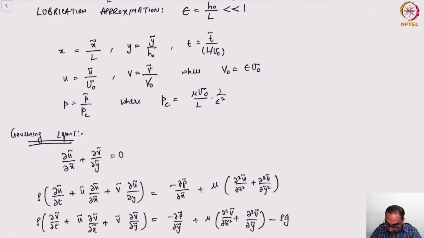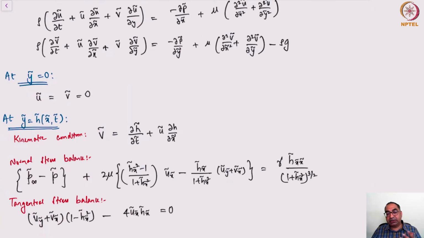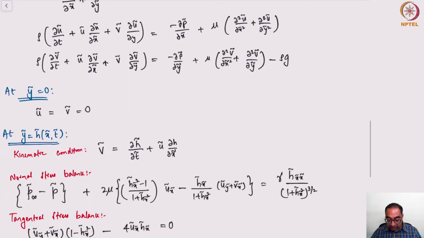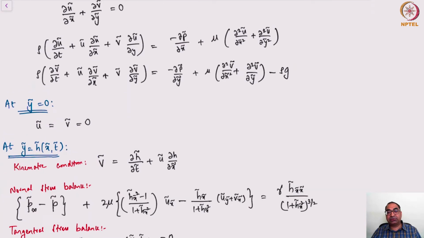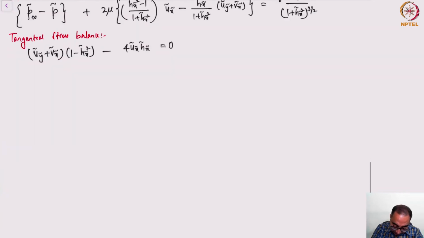We've also derived the necessary boundary conditions. At the bottom, which is a flat surface, we have the no slip condition and the no penetration condition. And at the interface we have three conditions: the kinematic condition, the normal stress balance, and the tangential stress balance. Now, on your screen you have all the equations and the boundary conditions. The next step is to non-dimensionalize these equations. Let's derive the non-dimensional form of these equations.